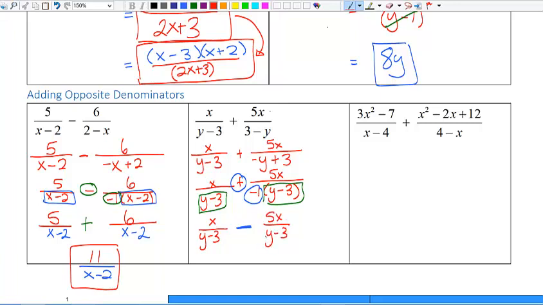You don't have to put the negative 1 in the denominator because you multiplied these two numbers together and got negative. Now that the denominators are the same, it stays the same. x minus 5x gets you negative 4x. There's nothing to factor and nothing else divides out to 1, so that's my final answer.